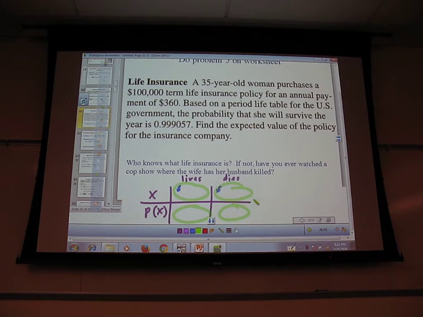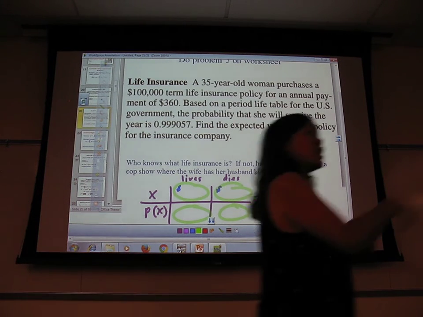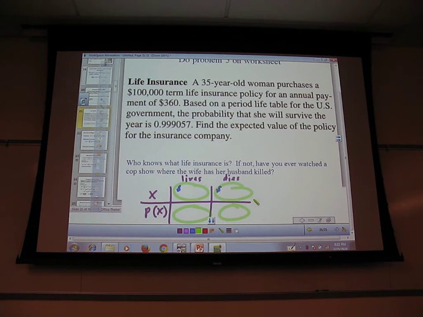So, here, 0, 0, 0. If she dies, that's it. If she dies, they pay. If she doesn't die, then they don't have to pay anything. Oh, wow, look at that.